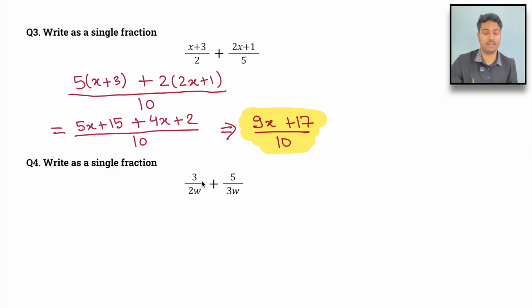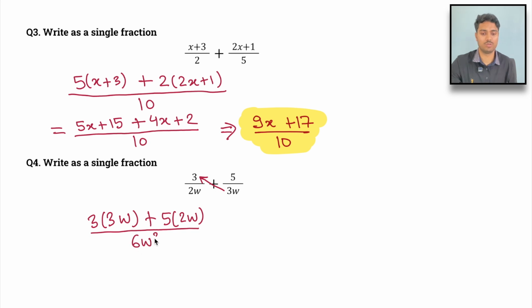We have 3 upon 2w plus 5 upon 3w. The process of adding the fractions remains the same. So 3w will multiply with 3. We'll get 3 multiplied by 3w plus 5 multiplied by 2w, whole divided by 2w into 3w. So 3 into 2 is 6, w into w is w square.